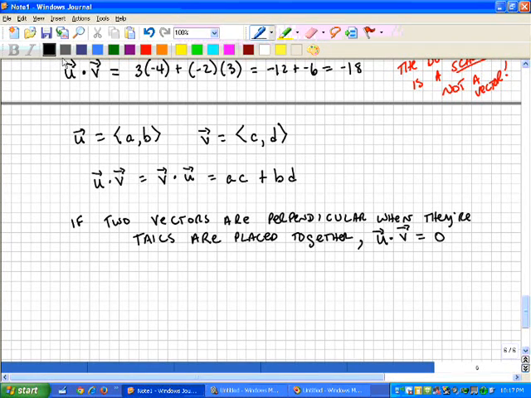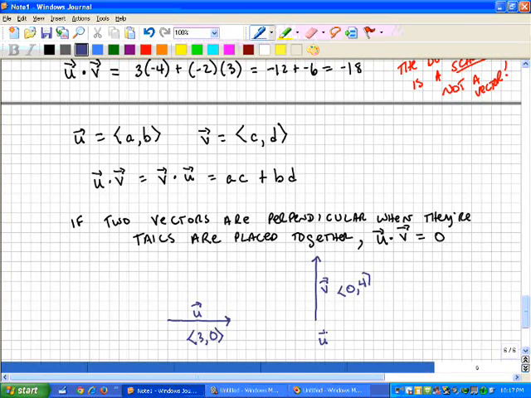Let's look at an example. It's easy to see. Let's look at the vector with horizontal component 3 and vertical component 0, and we'll call this vector u. Let's let the vector v be the vector with horizontal component 0 and vertical component 4.